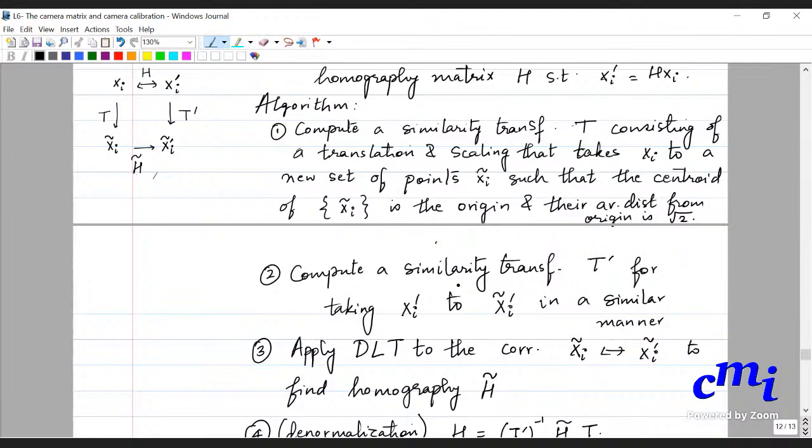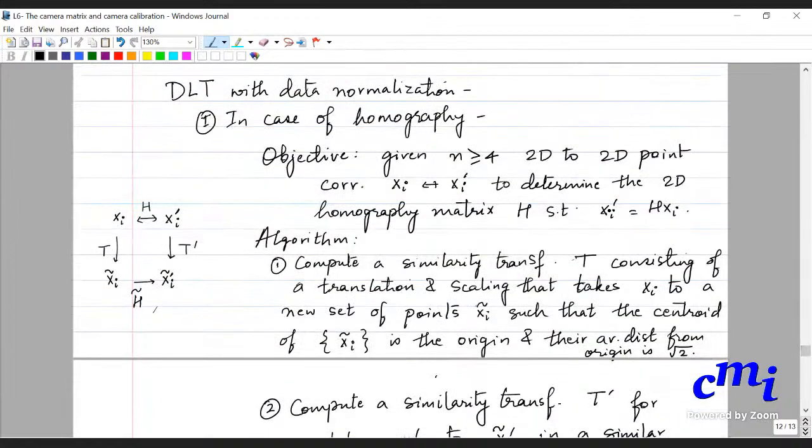Then you compute a similarity transformation T prime taking xi prime to xi prime tilde in a similar manner. What are xi and xi prime? These are the matching points. This picture is clearer. We construct a similarity transformation that takes xi to xi tilde, and xi prime to xi prime tilde.